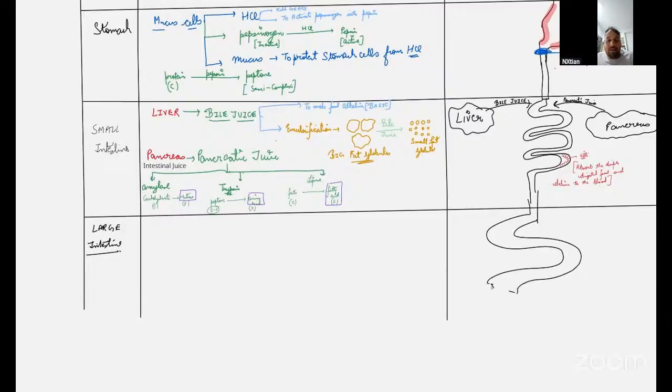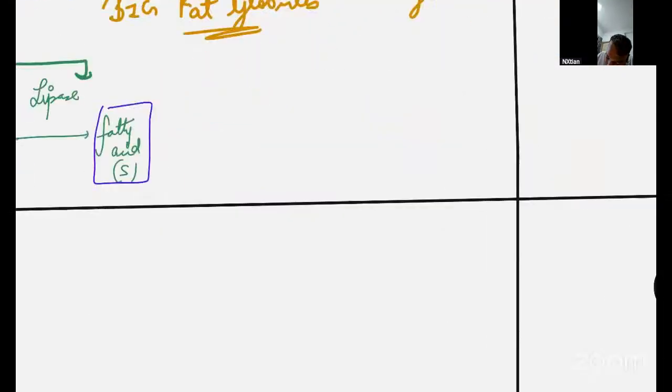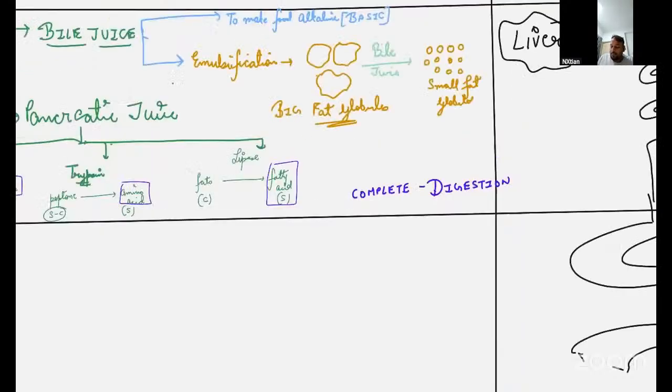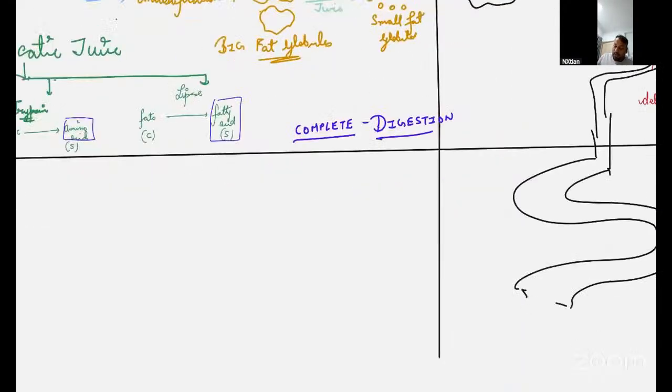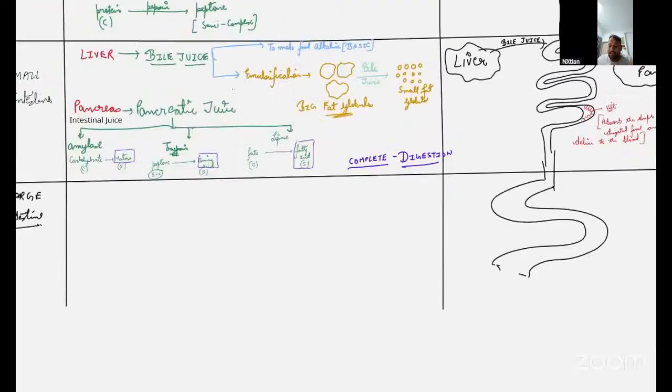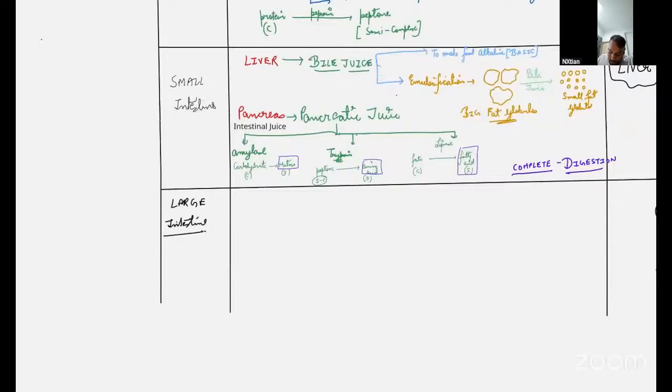Because all the digestion happened till the small intestine, it is also called complete digestion. Like in the small intestine, complete digestion is done. Are you getting this? Say yes or no. Yes. Now in the large intestine, basically the undigested food will pass through it.